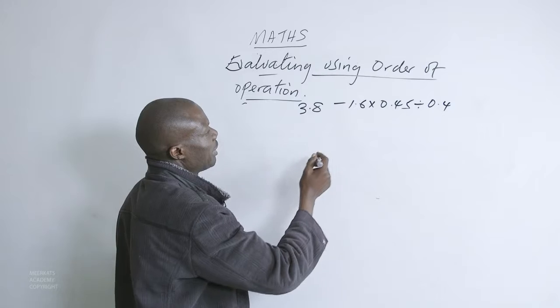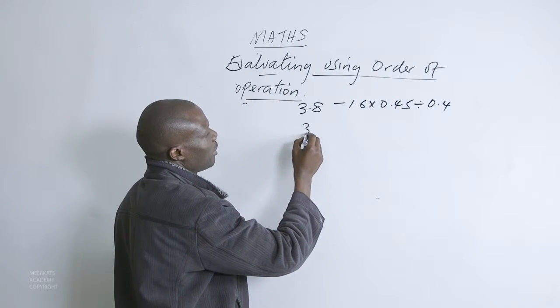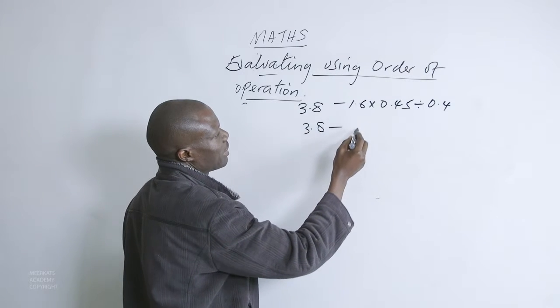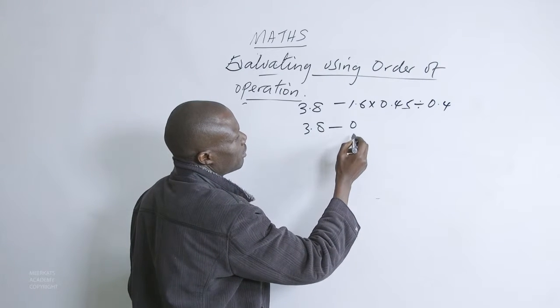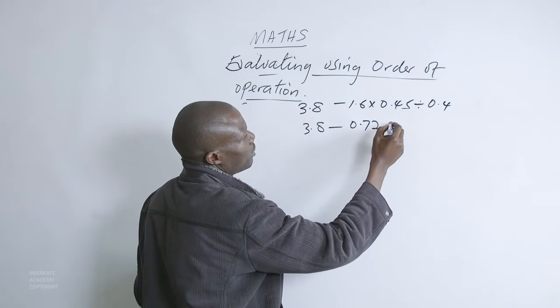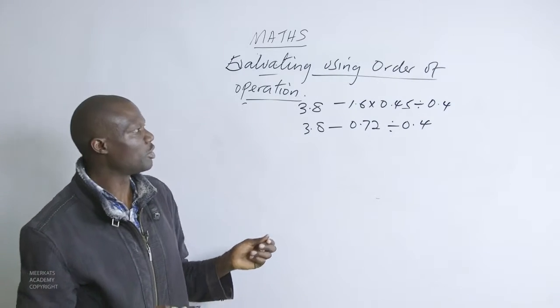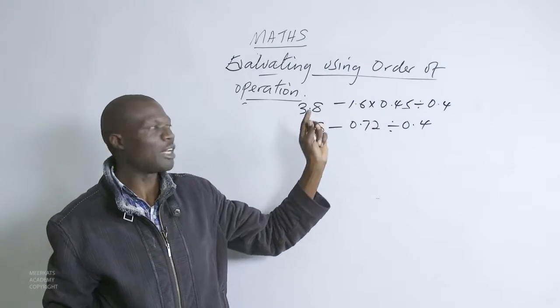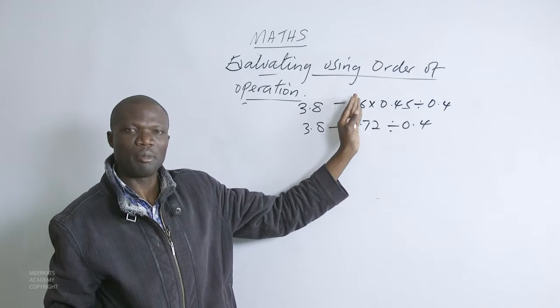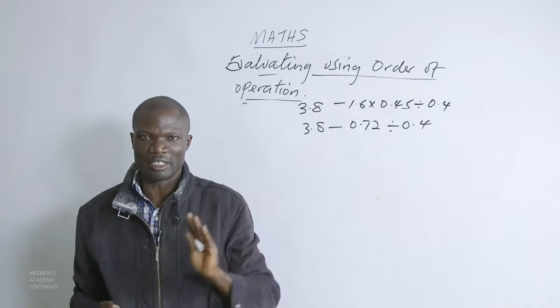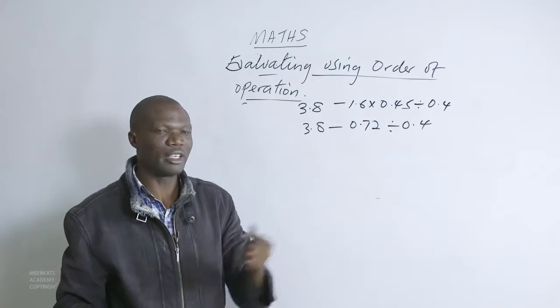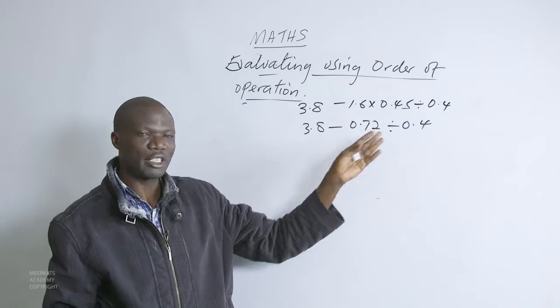And when you multiply this, you'll find that it will be now 3.8 minus 0.72 divided by 0.4. So we have started from the left and we are handling the multiplication and division. But we haven't handled the division. So the next one that follows is the division part.